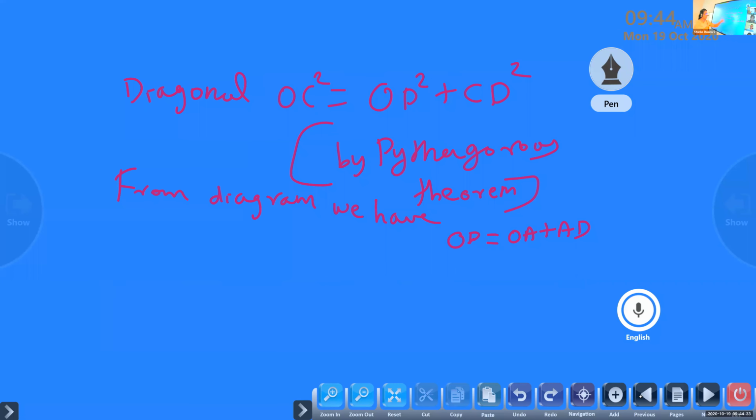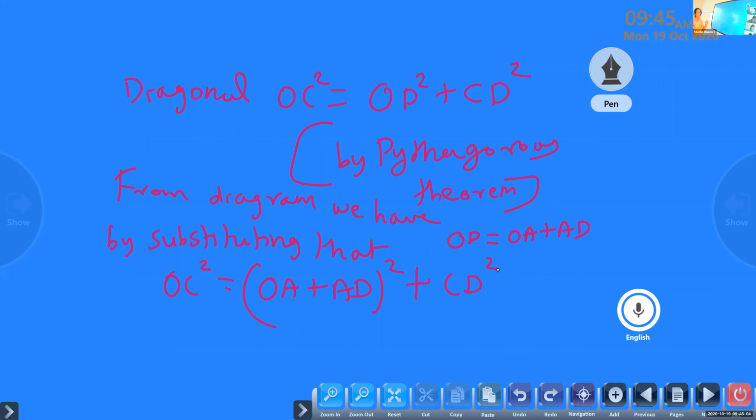Substitute that here. So this is a 5 marks derivation. OC square is equal to (OA plus AD) all square plus CD square.